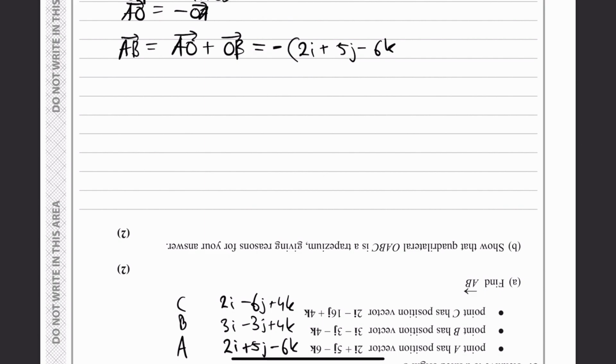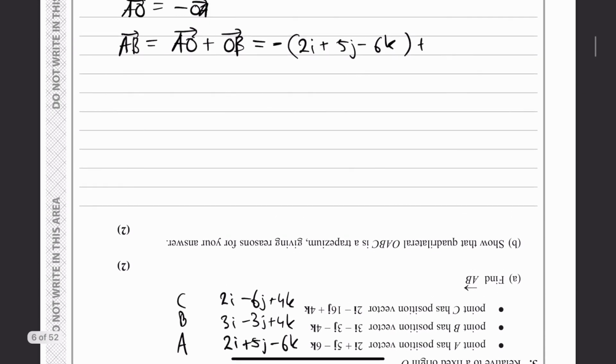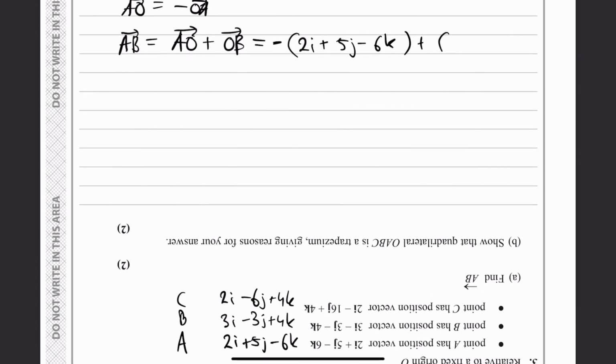Just make sure that's right. Okay, I think that's right. And plus OB, which we're just given, so 3i minus 3j plus 4k. Expand all this out.